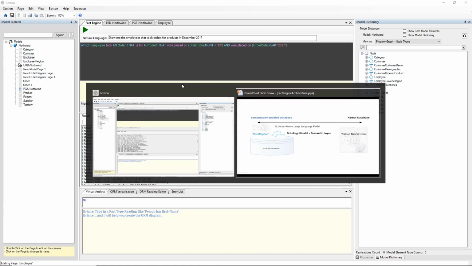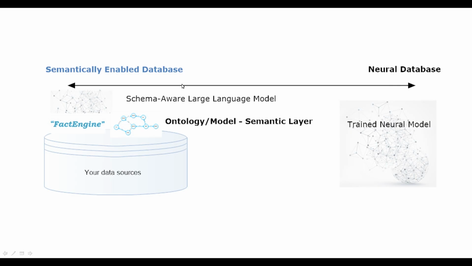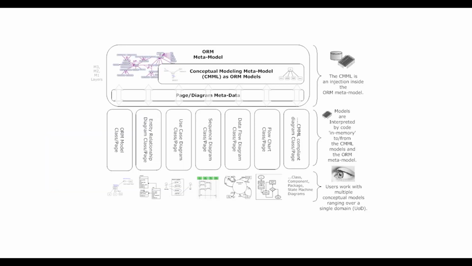Now this is all made possible because the FactEngine architecture sits over what I call the Richmond architecture. And the Richmond architecture, this is a busy diagram, but it basically is an effected four-layer architecture, where at the top we have an ORM meta model acting as a meta model.